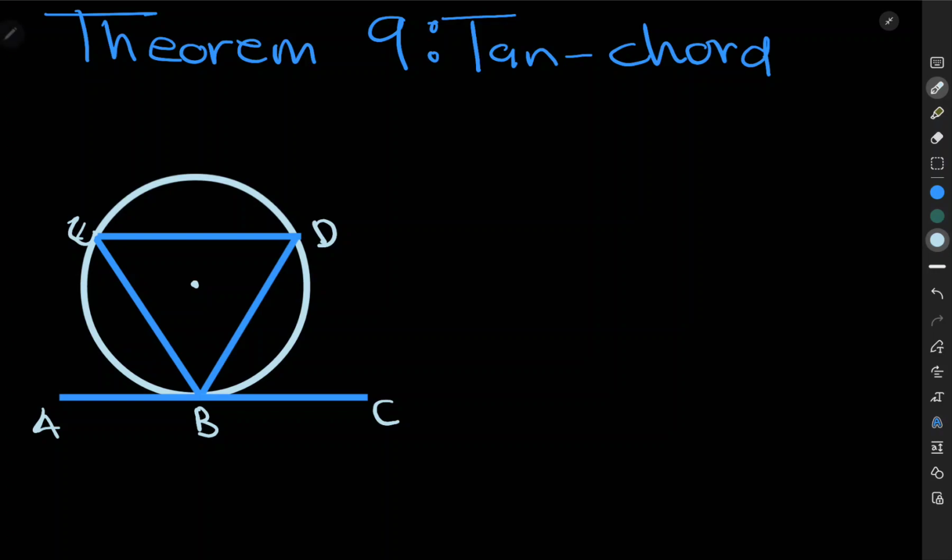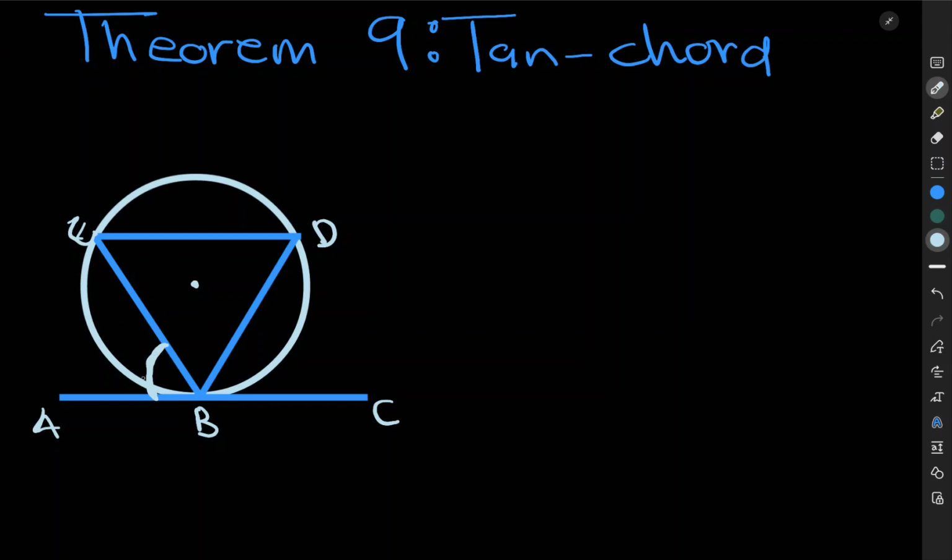Okay, so if we have a tangent and a chord, and this tangent and chord form an angle, and in this case it's that angle over there, then we're basically saying that the angle between the tangent to a circle and a chord drawn from the point of tangency is equal to the angle in the opposite circle segment.